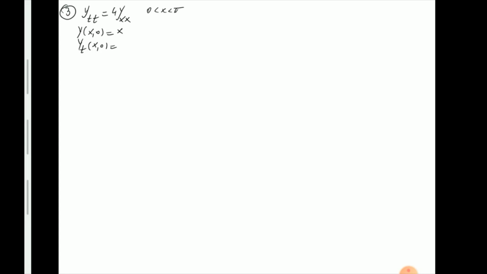Previously we had zero initial velocity. So this time let's do non-zero initial conditions. The boundary condition is still homogeneous: y of 0,t equals y of pi,t equals 0.